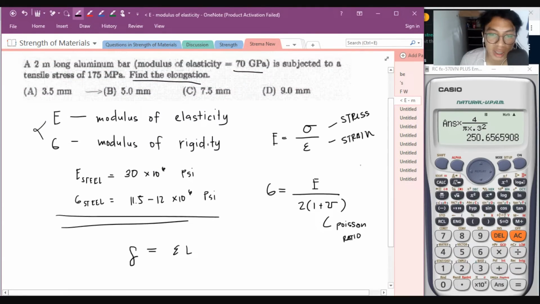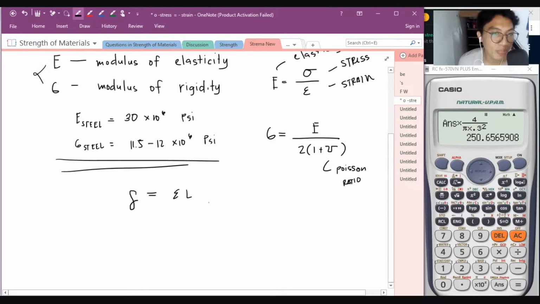E pala is stress over strain. Tama. Stress, elasticity, strain. Nalilito kasi ako panay E pag nakikita ko. Now, ganito gagawin natin. Hanapin muna natin yung strain niya. Strain is non-unit. Strain is equal to the stress divided by your elasticity.